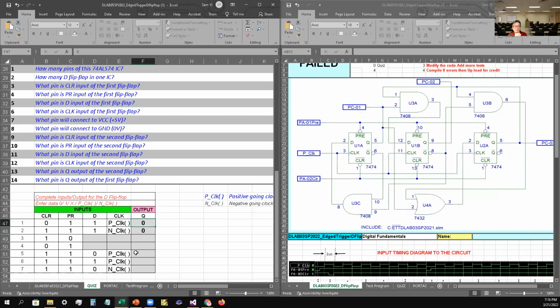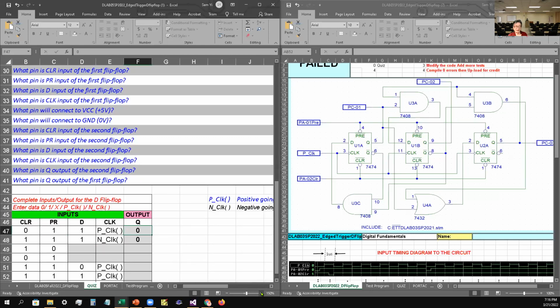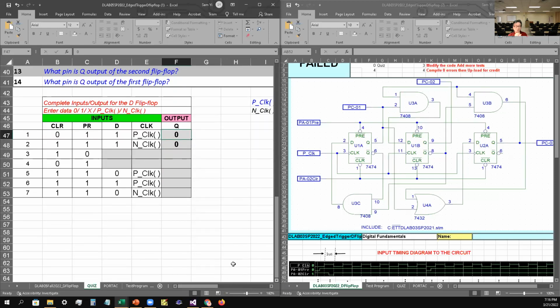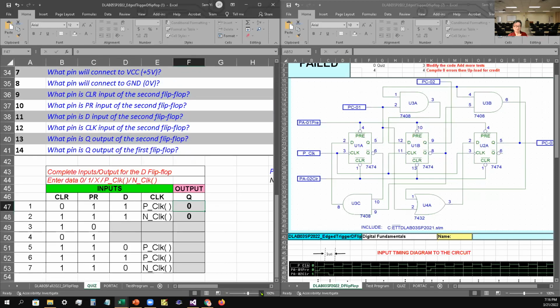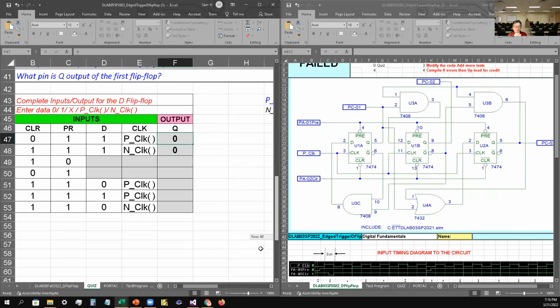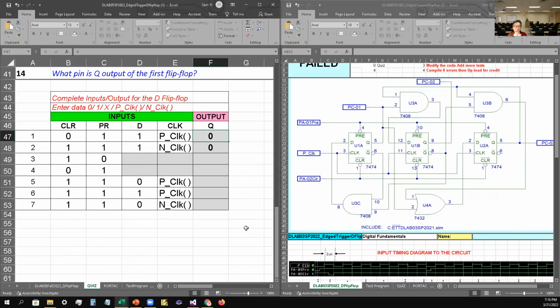So basically, number 2, they only want you to understand the clock for the D trigger must be positive. When they apply a negative clock, nothing can be changed. That's what they want. So number 2 and number 7, nothing can be changed.